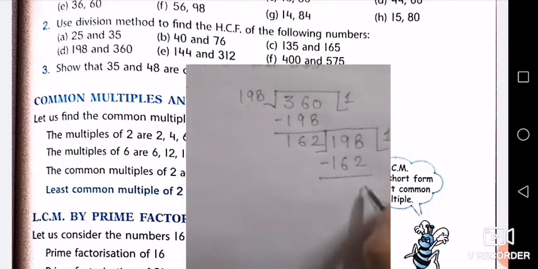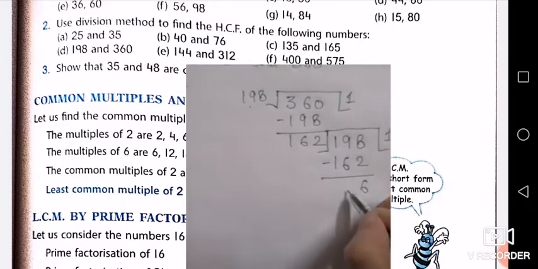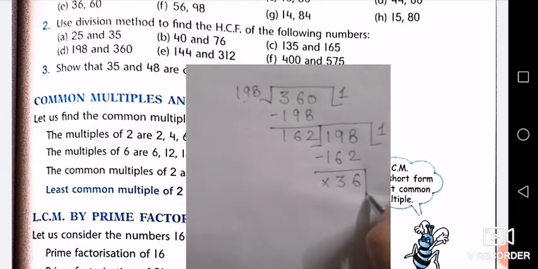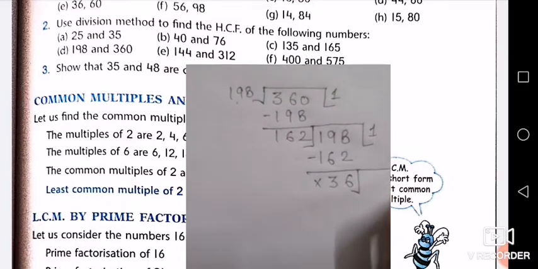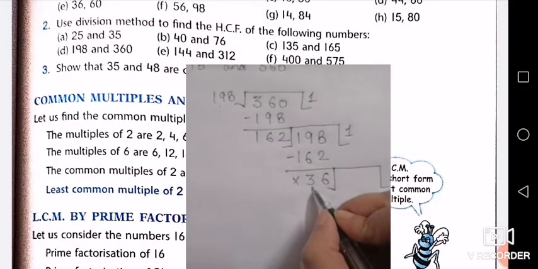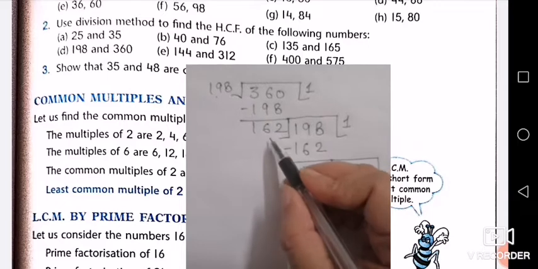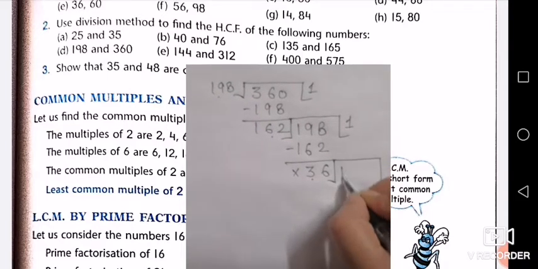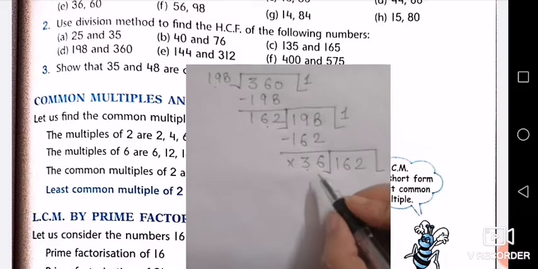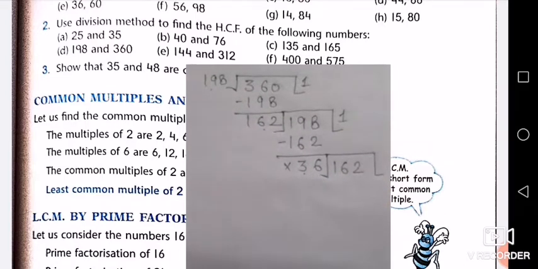Do the subtraction: 6 and then 3, then nothing will be left here. Now, next step, this remainder will become your divisor again, and this divisor will become your dividend, 162. So now it will go on which number?